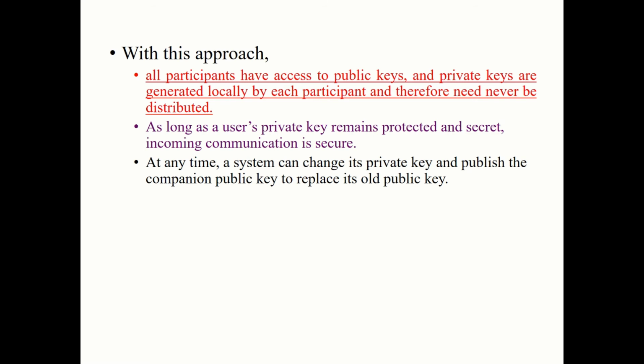Now as long as a user's private key remains protected and secret, all the information will be secure. So you have to keep the private key somewhere secure and not share it with anyone. If it gets compromised, then you can just change it and generate a new key, and that's a very simple and easy way.